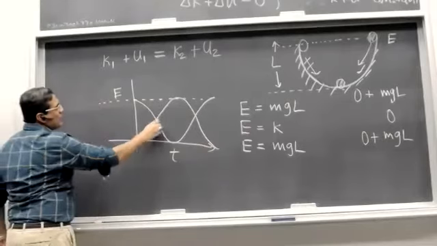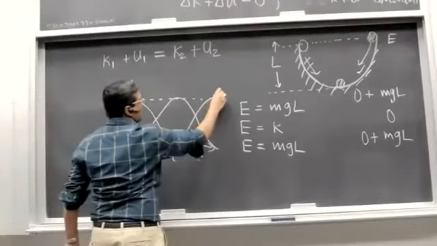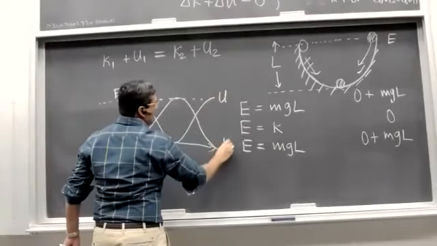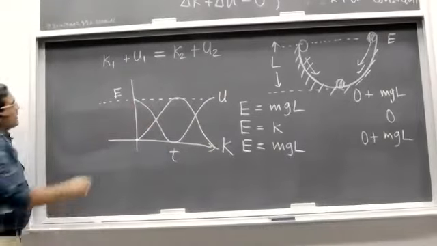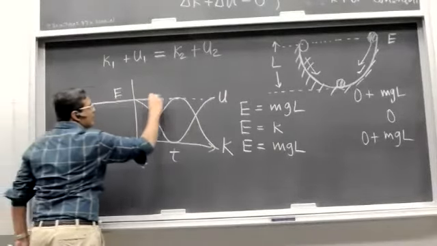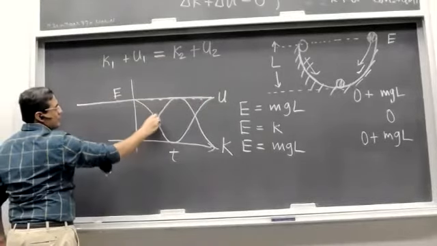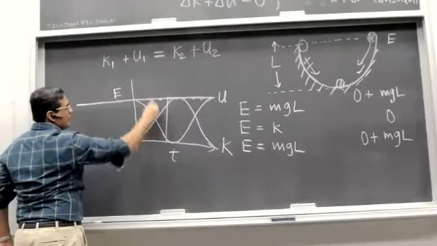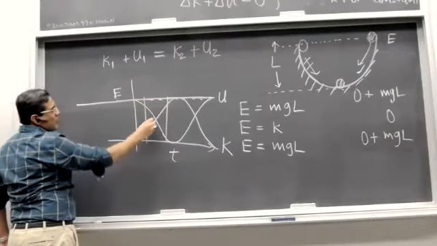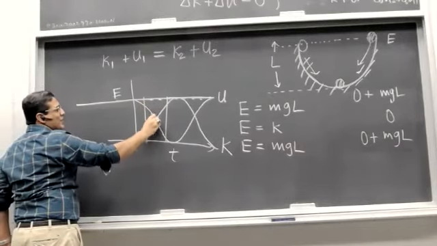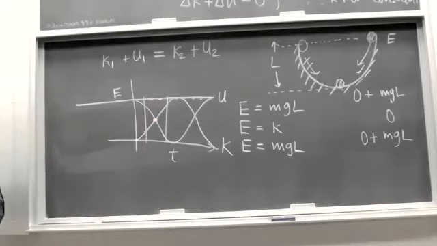The sum of these two graphs, the potential energy and the kinetic energy, would always equal this quantity here, E. And it's true at any point, and there would be a point where the kinetic energy would be equal to the potential energy.